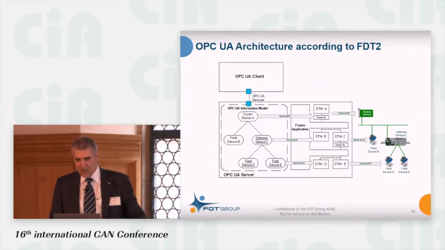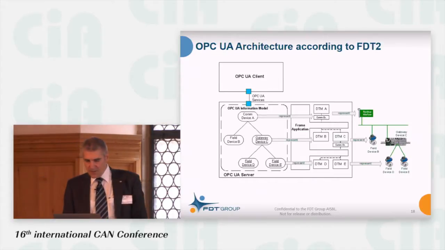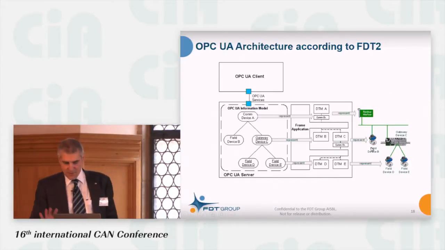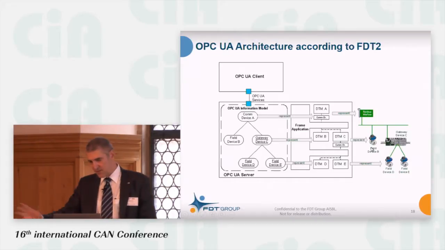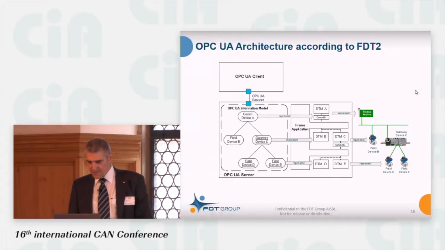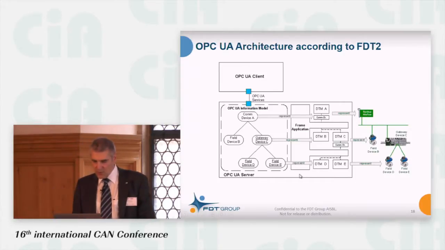Here is the architecture in a frame application. You see this box on the right-hand side, the frame application part with the DTMs and the physical layout as a schema. And this structure is mapped into the OPC information model. You see it here in a similar way.